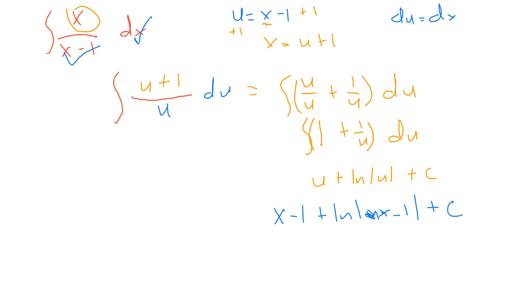And because we have our minus 1 as a constant and we have a constant right here, we can push this aside into our constant and simplify this down to x plus natural log of the absolute value of x minus 1 plus c.